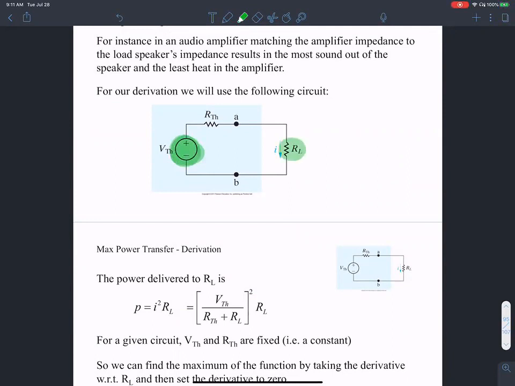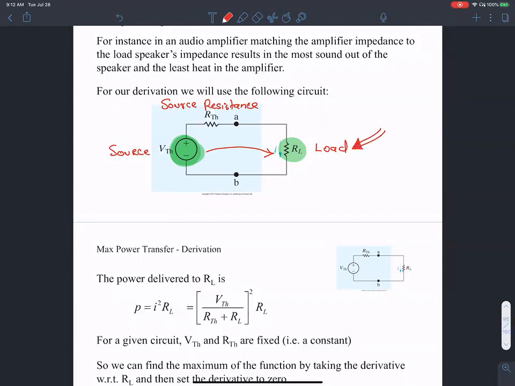Okay, let's say you have a voltage source and then there's a load, and there's a resistance associated with the source. So this is the source resistance. The idea of the maximum power transfer theorem is that the maximum power is delivered from the source to the load, because the load is where you want the maximum amount of power delivered.